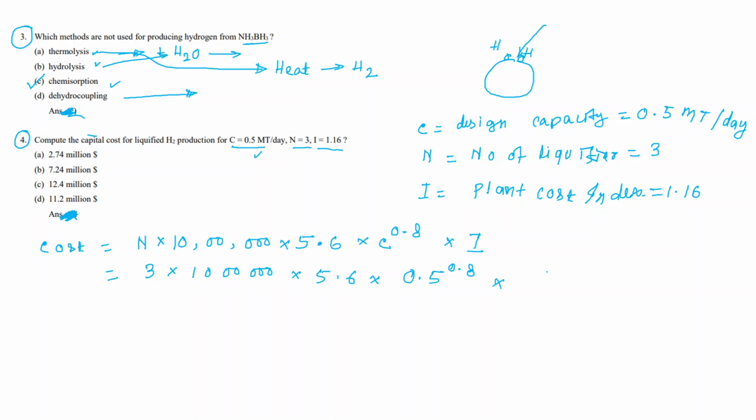I, the cost index, is associated with the plant design. It is actually a relative term. This will vary from plant to plant. So the value will be like this.